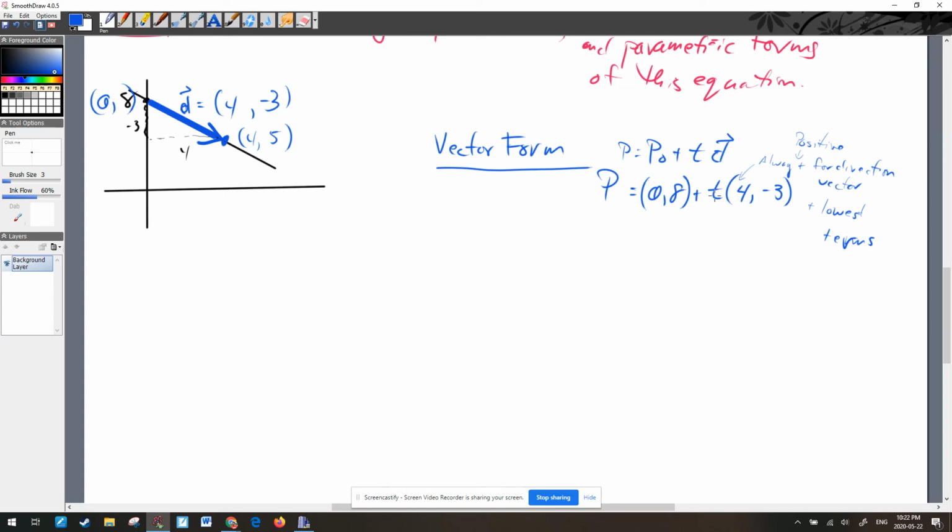Now here's where we have to be really careful. Direction vectors can and should be reduced, and the x-coordinate should always be positive. That is not true of the anchor point. If this anchor point was 2, 8, so it's not. But imagine, hypothetically, that we had a P naught that was 2, 8. You might think, oh, I can reduce that to 1, 4. No, you can't. This is a location, right? That changes the location. This is a direction.